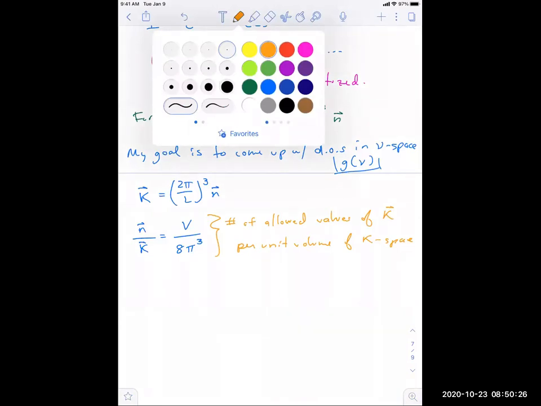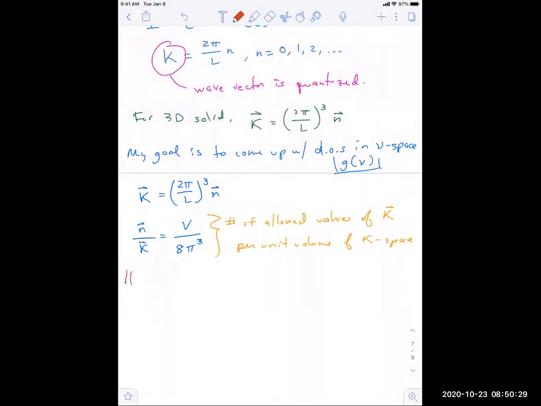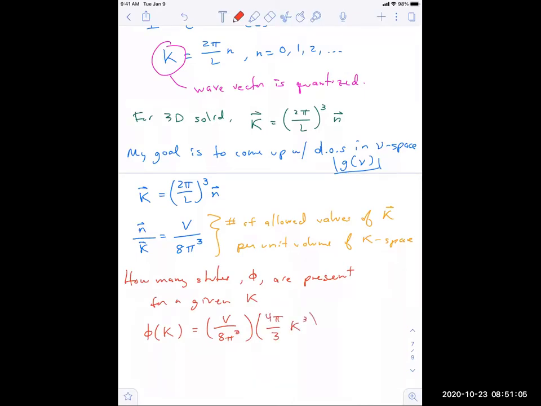So if I wanted to say how many states are present for a given value of k, so within some constant k space, I would say this function, the number of states phi of k, is going to be equal to the number of states in a given unit volume times the volume in k space given the k I'm interested in.